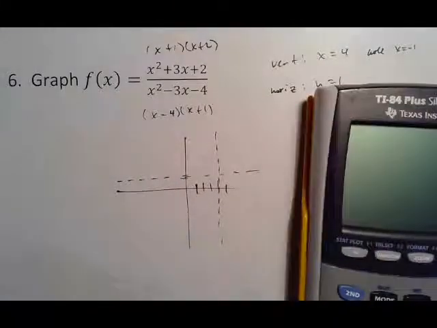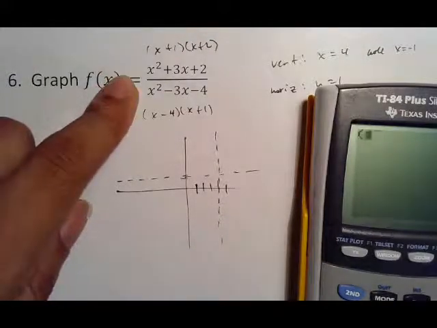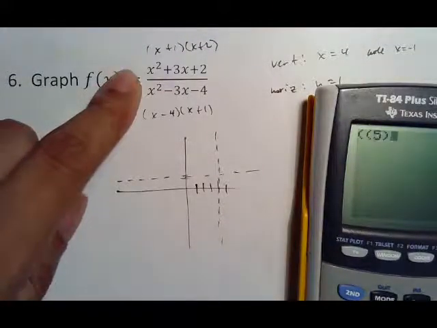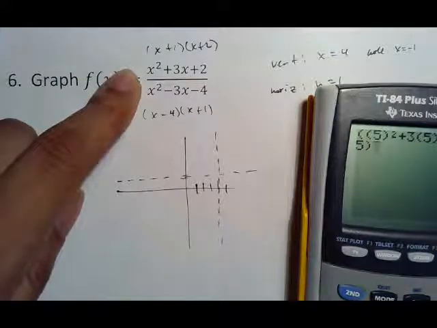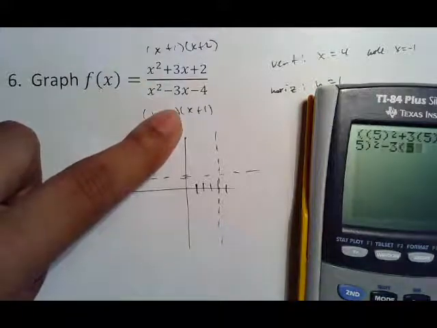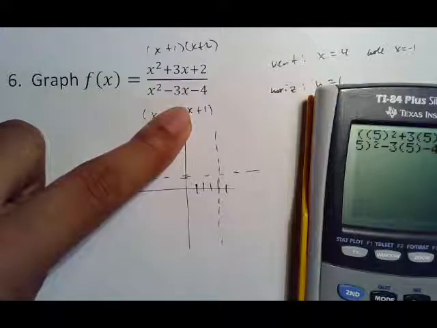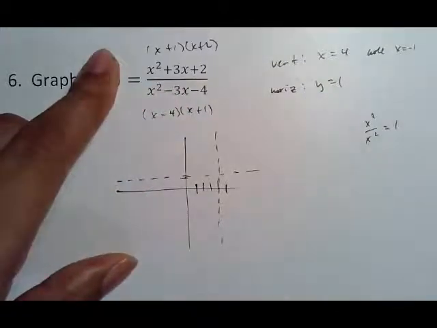And now that I have my confidence back with my calculator, because I know what dumb mistake I was doing, we do parentheses 5 squared plus 3 times 5 plus 2 divided by parentheses 5 squared minus 3 parentheses 5 minus 4, and I get the answer of 7.